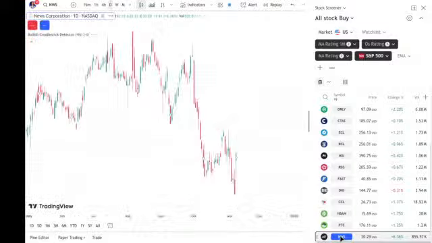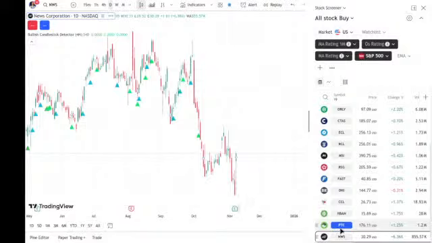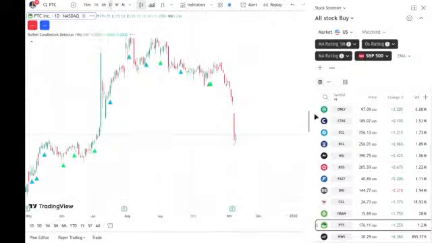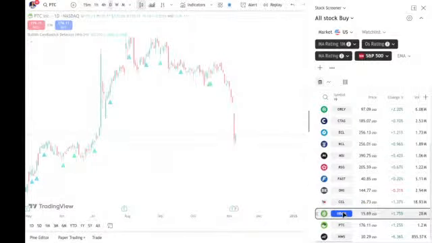Now I do use ratings. Basically, I use ratings on TradingView. The ratings that I'm using on TradingView are on top there.